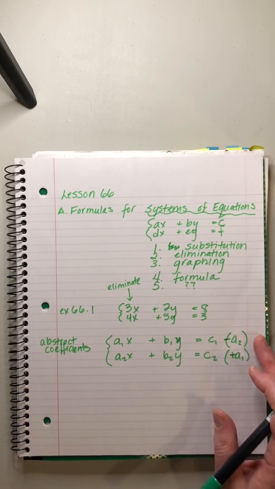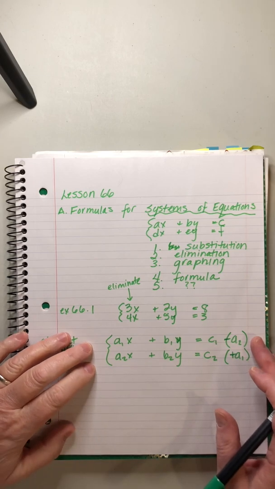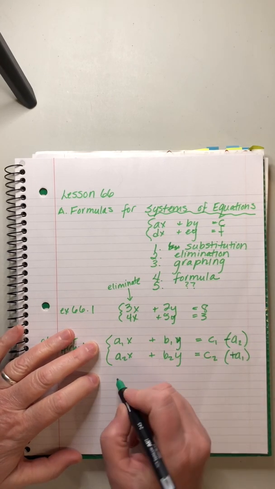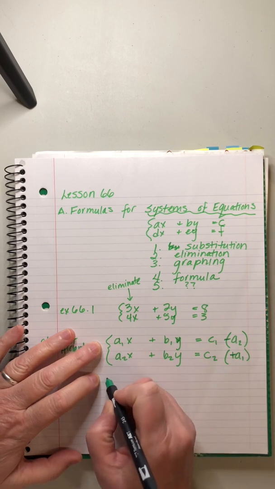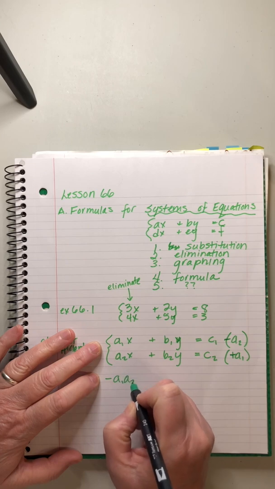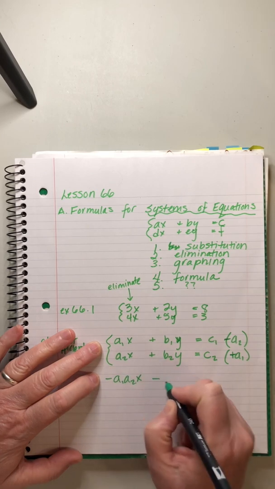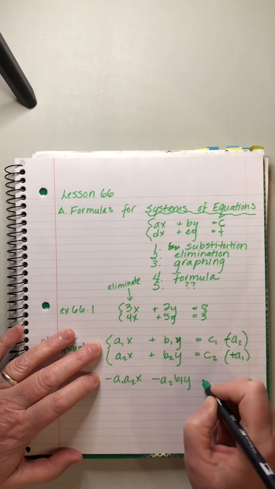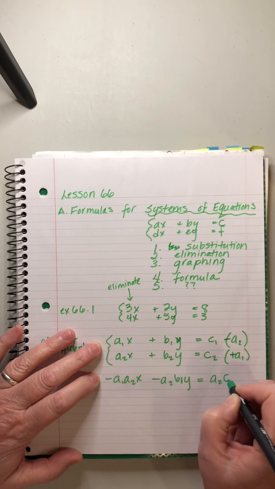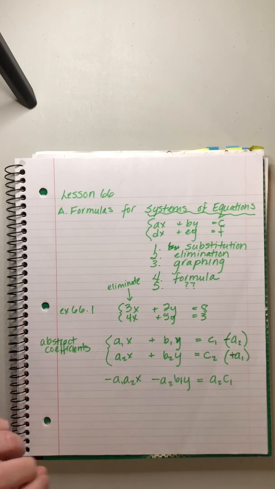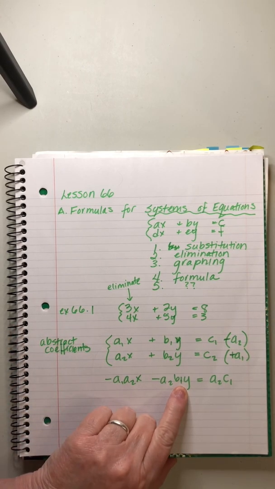All right. So now let's multiply all of these through and come up with our new ready for elimination equation. So it's minus a1, a2x. Okay? This looks really confusing. It looks messy.